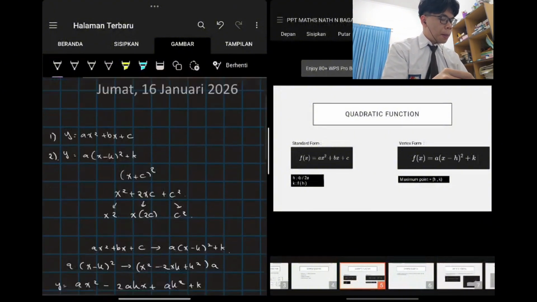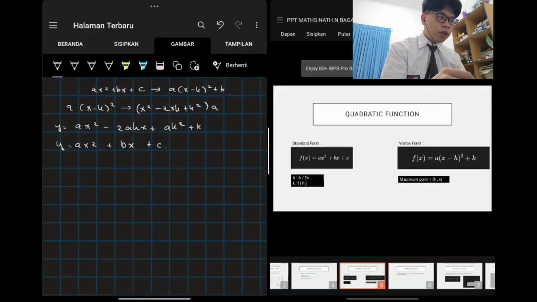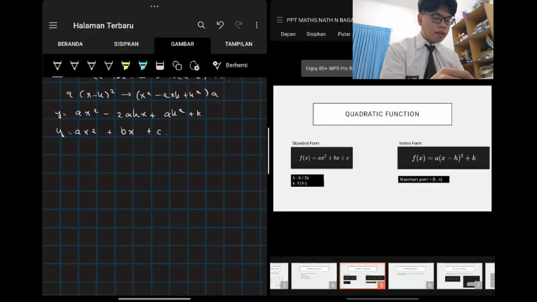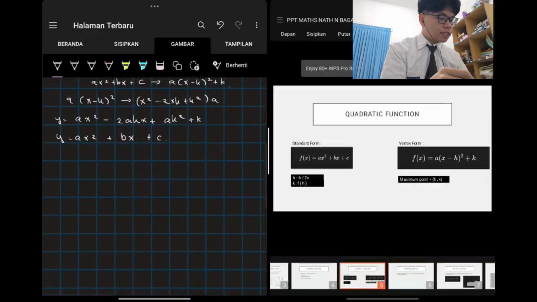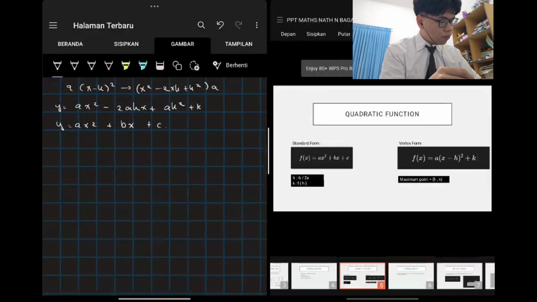All right. And then the next thing we want to do is to match the coefficients for the respective power of x. So this is from equation 1, this is for equation 2. So a equals a. This is for the x squared term.